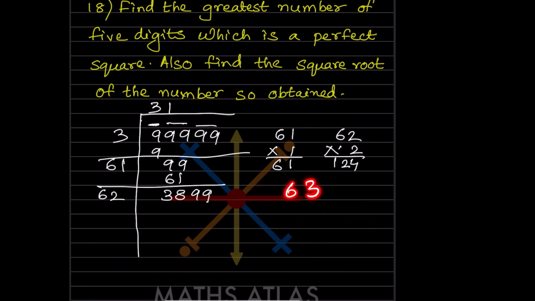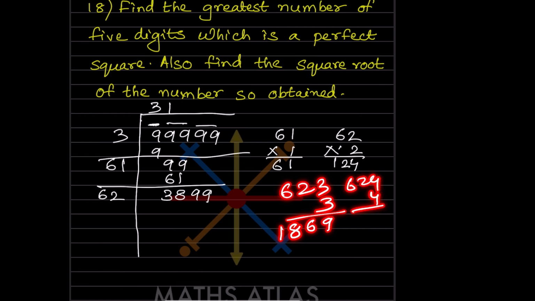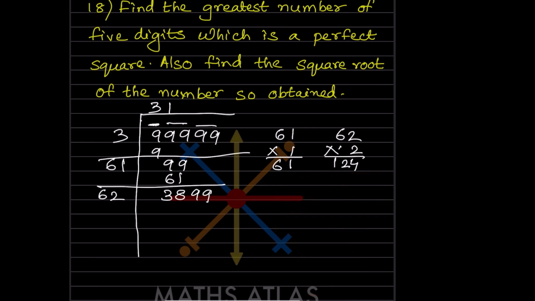Then if we are taking 6 to 3, that is going to be 1869, 6 to 4, fours are 2496, 6 to 5, fives are, that will be 3125, that is also not going to work. 6 to 6, 6s are, that is going to be 3756. So 6 to 6, 7 is going to be a bigger number. So you are going to write here 3756.